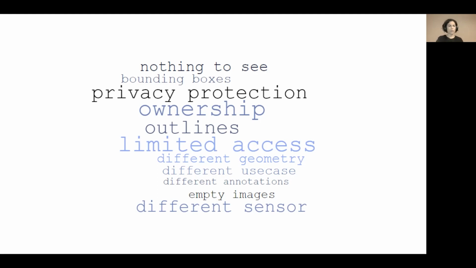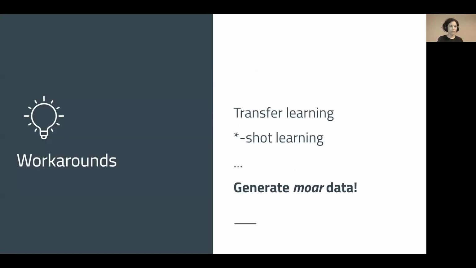And so, of course, this is not a new problem. This has been going on for ages, and it's not particular to deep learning or neural networks. It just is a bigger problem now. Now, there are plenty of workarounds that we've all used, right? So, of course, transfer learning is the first thing you go to. There's plenty of open data sets, and at least that can give you a head start.